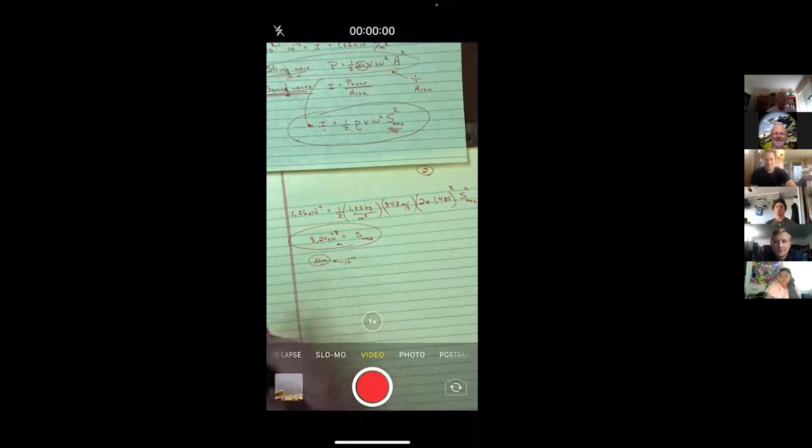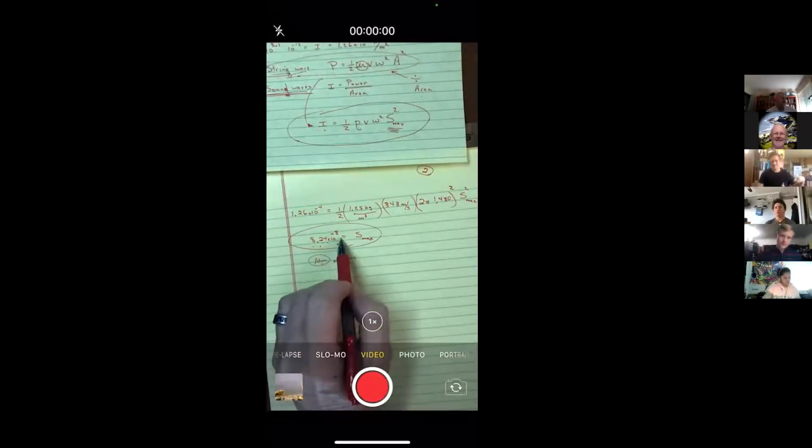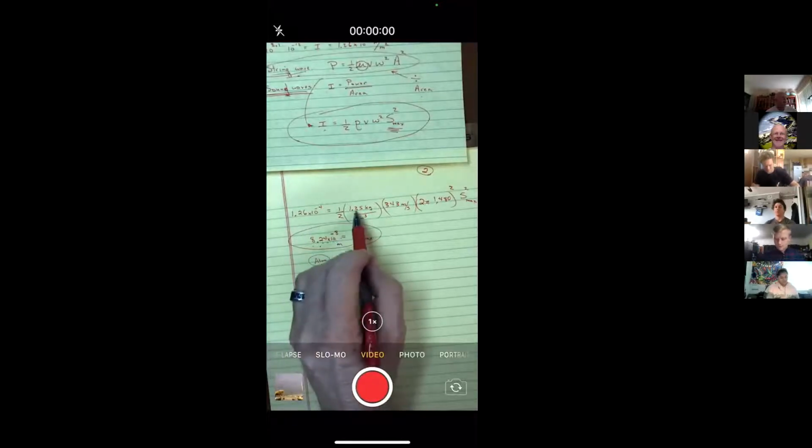I might jump over and look at their answer before I go on here. So this was 48. They got 4.1 times 10 to the minus 8, but it might go back to this density. We also might have chosen a different speed for the speed of sound there.